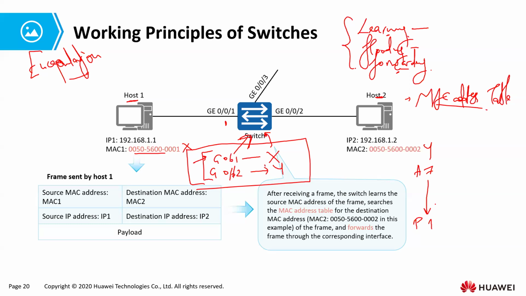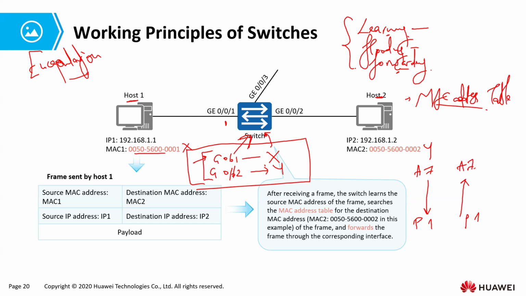With encapsulation, we are adding extra information to our data. Extra information here includes adding my destination IP, source IP, destination MAC address, and source MAC address. That is the process of encapsulation. On the other side, going from the physical layer up to the application layer, that's the process of de-encapsulation.